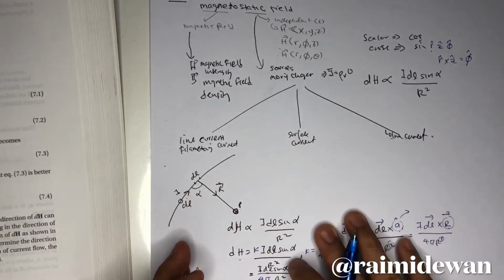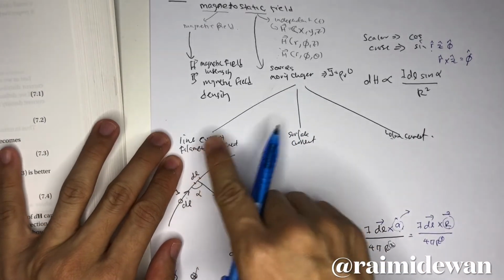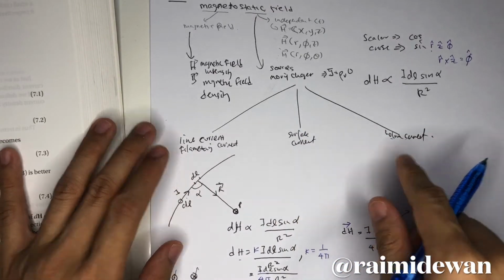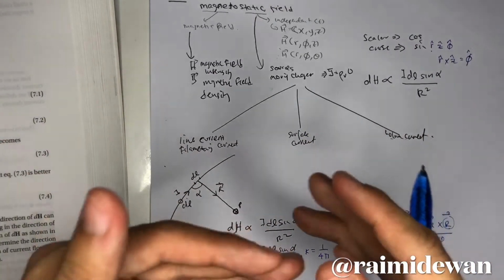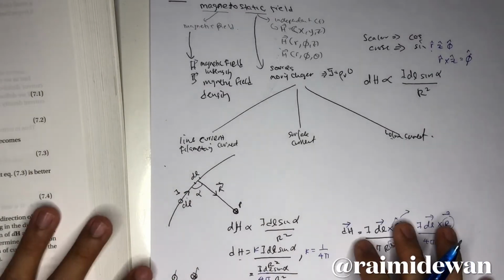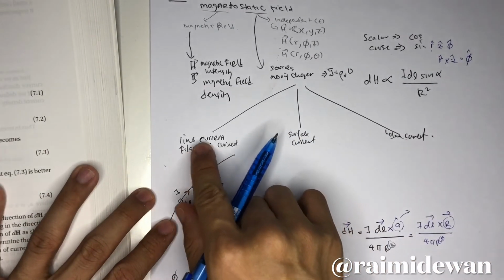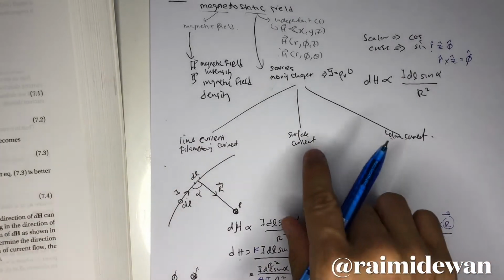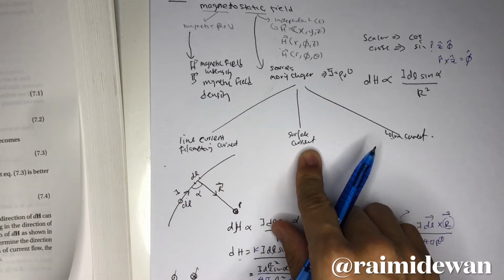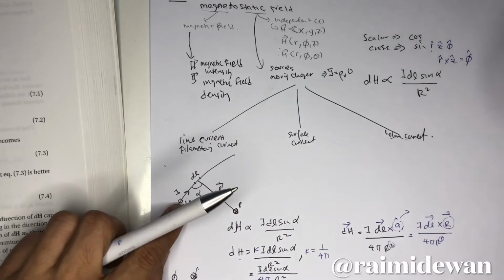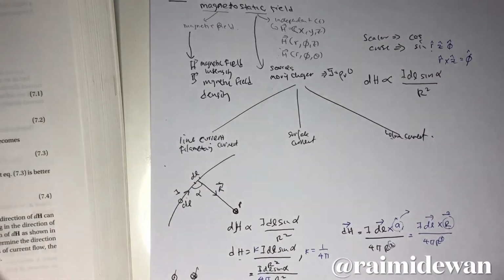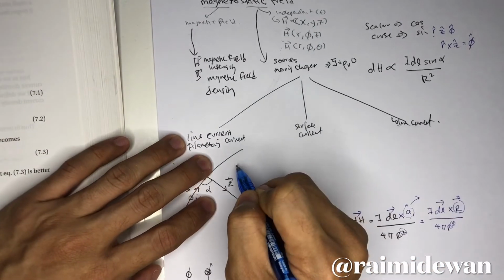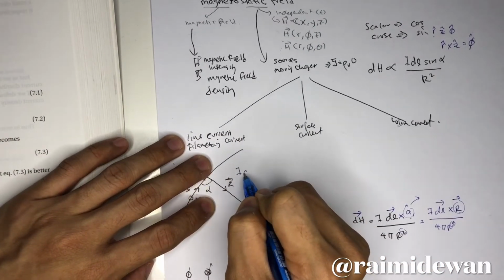For example, you see there is a line current, surface current, volume current. What is changing in terms of the units? It's according to the nature. If it's a line, you have meter. If you have surface current, you have meter square. If you have a volume current, you will have meter cube. For the line current, you will have your IDL.